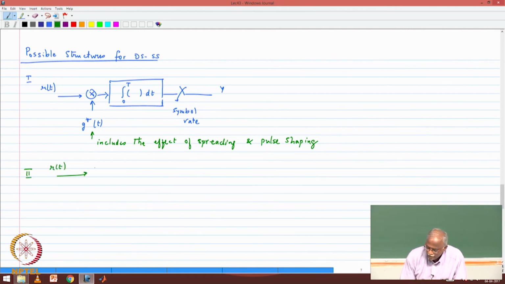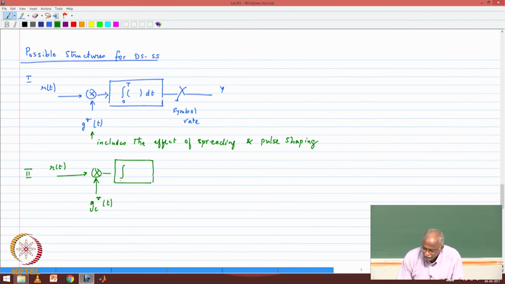So R of T multiplied by Gc star of T. Now regardless of what your spreading sequence is, Gc does not change. It's still that rectangular waveform for one chip. And this one also, it's a match filter.